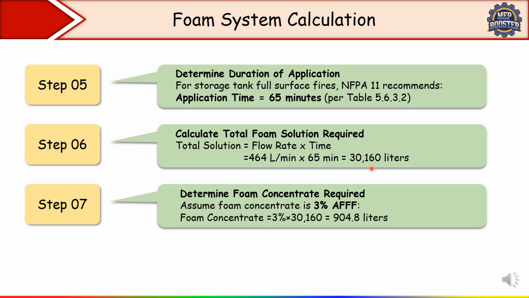Suppose the type of foam is AFFF, aqueous film-forming foam, at 3%, which is common for hydrocarbon fire. That is why I have considered 3%. So now the foam concentrate is equal to 3% of the total foam solution required. It is coming to 904.8 liters. Is it clear?